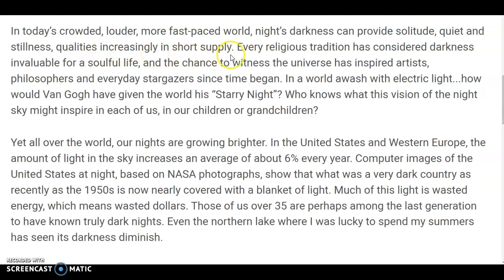"Increasingly in short supply." So by reading this topic sentence, in today's crowded, louder, and more fast-paced world, night's darkness can provide solitude, quiet, and stillness, qualities increasingly in short supply. So solitude, quiet, and stillness, crowded, louder, more fast-paced.